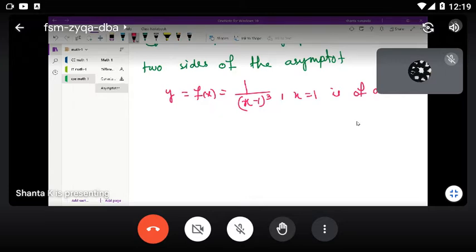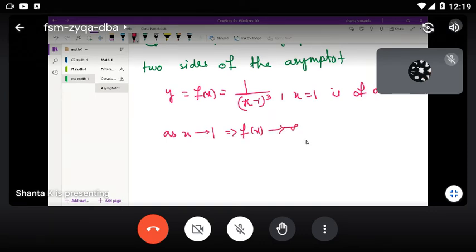Okay, so now you see what you can say about the asymptote. As x approaches 1, f(x) approaches infinity.